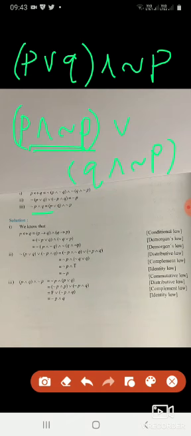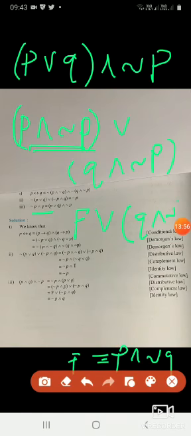A statement and its negation, so connected by and, is equivalent to false. So first one is false. False or Q and negation of P. Next one, false.